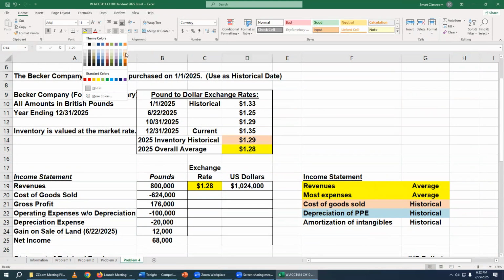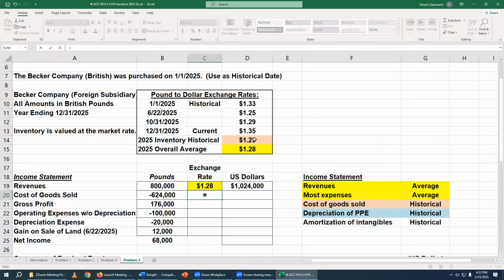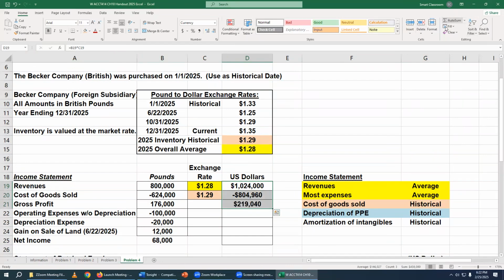And that's kind of an orange, kind of a peachy color. Let's call it peachy. It sounds better if it's peachy. And this one you'll notice is this income statement is a composite right away. You know, it's two different exchange rates.